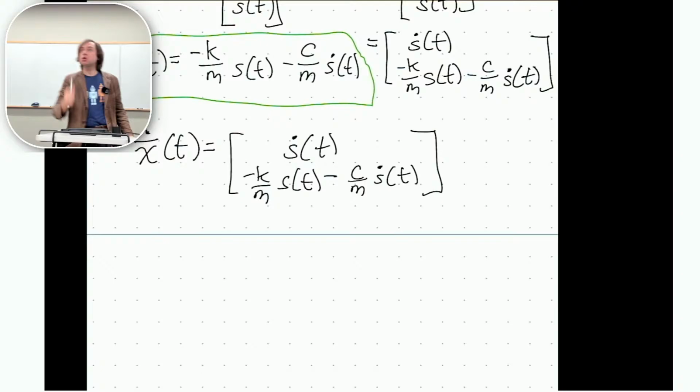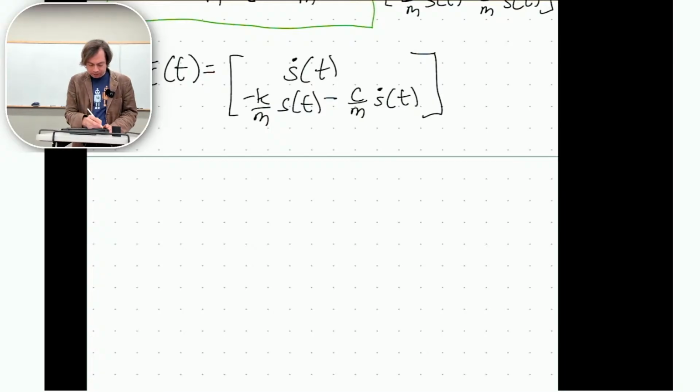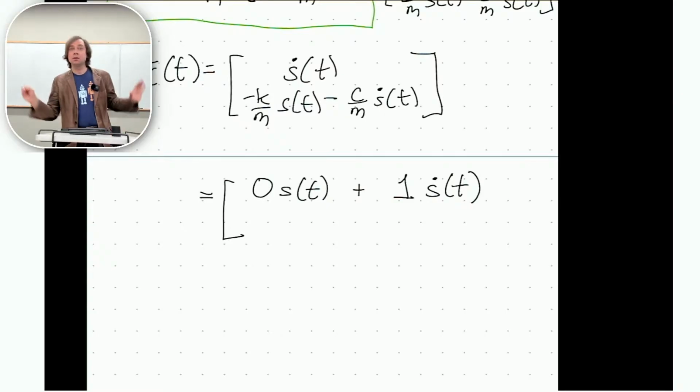So you can do an interesting trick with this system, okay? I'm going to rewrite this ever so slightly, so it's still x dot of t. I'm going to rewrite it as 0 times s of t on the first element, plus 1 times s dot of t in the second element. That's the same. We're all chill with that math. We didn't break any rules. We're all good.